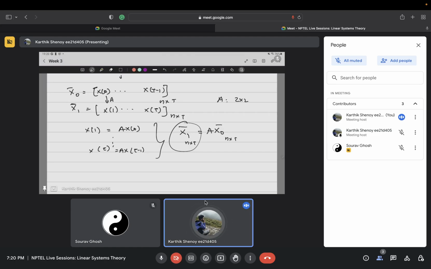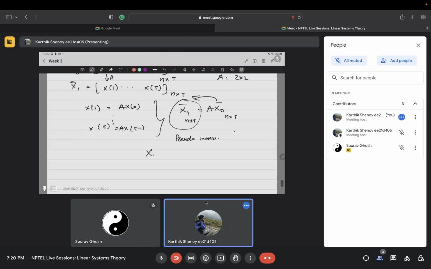You have to take the inverse here, right? A is nothing but x1 x0 inverse, right? Some sort of an inverse, but it's not a square matrix, so you don't have an inverse. So what do you do? You go for something called a pseudo inverse. Okay, you would have heard of the pseudo inverse. You use SVD to find the pseudo inverse, actually.